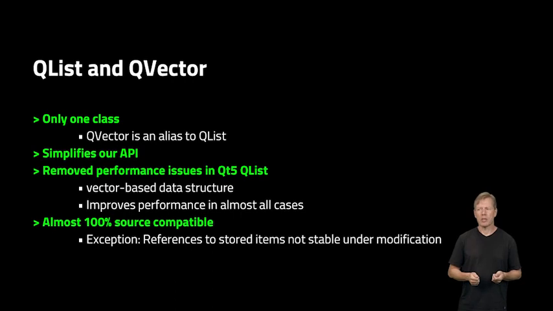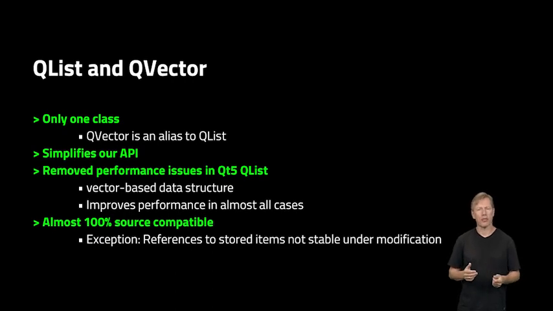QList and QVector has been a big area to work with that also sparked a lot of discussions internally. How do we solve this? What do we want to do with it? We've had those two classes in Qt 5 as separate classes. QVector being similar to standard vector, just a linear storage container.